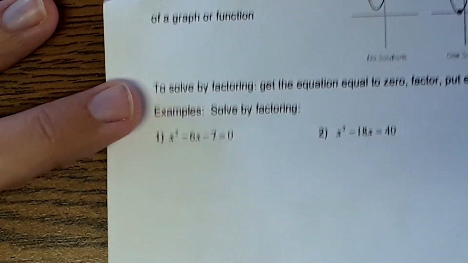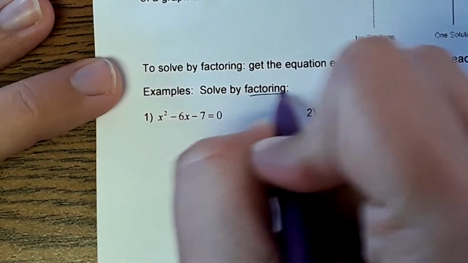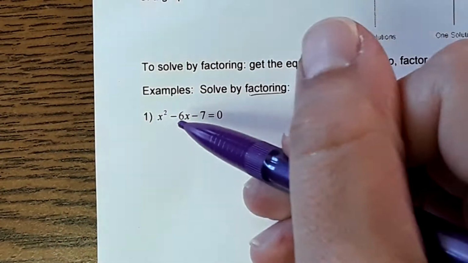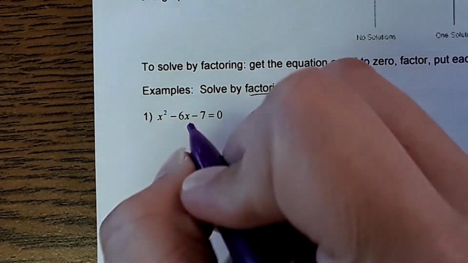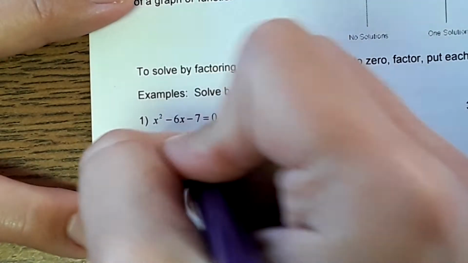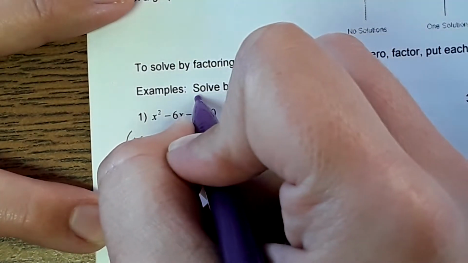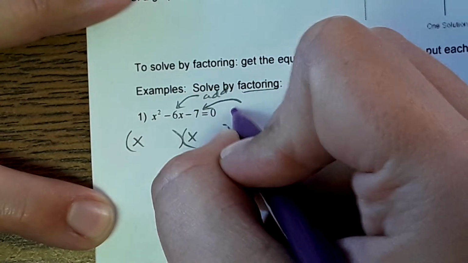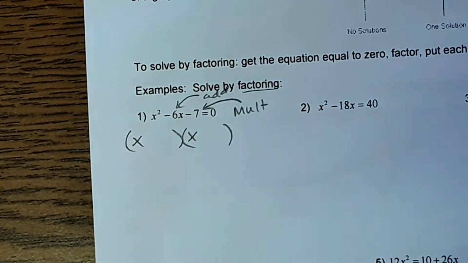For number one, we are going to factor this, and then set those factors equal to 0 and solve for x. So right here is a pretty simple problem. We are going to make two factors like this, the x here and x here. We need two numbers that add to -6 and multiply to -7.